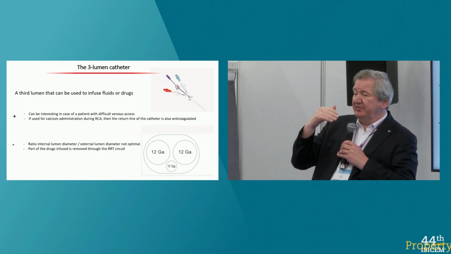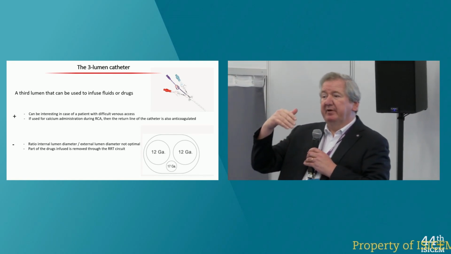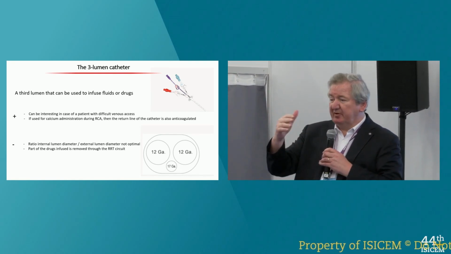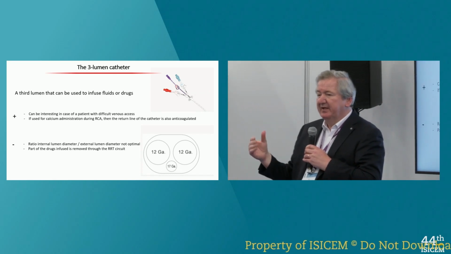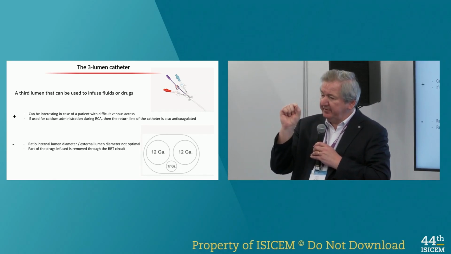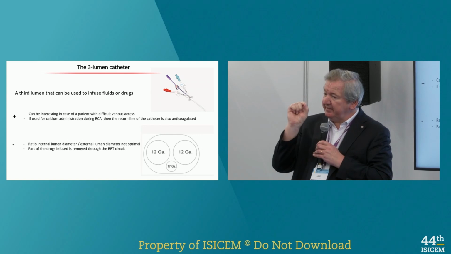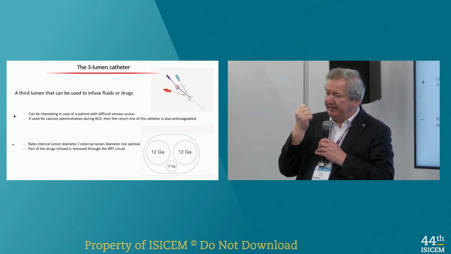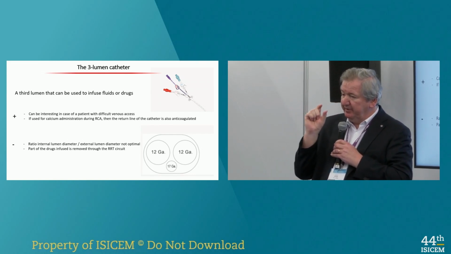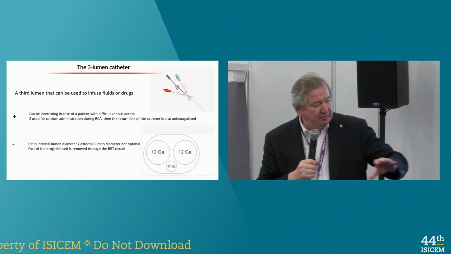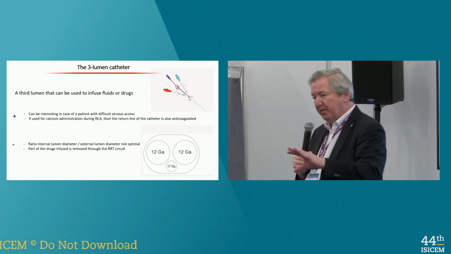And you had no side effect like rhythm disturbance or thrombosis. You have to use obviously a soft catheter. You might not do this with a hard catheter. You have to be very cautious, but all the new catheters nowadays are soft.